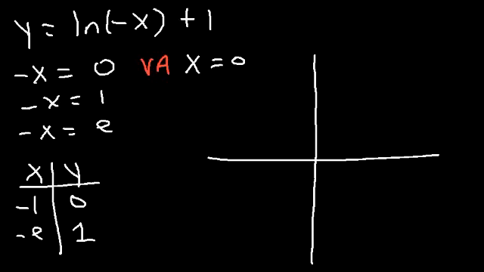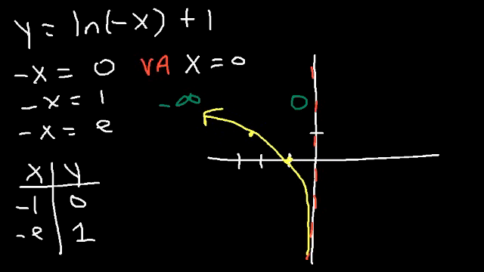So once again, the vertical asymptote is the y-axis, and the graph is simply on the left side. So we have the point (-1, 0), and (-e, 1), which is (-2.7, 1). So it's going to look like that. The lowest x value is negative infinity, the highest is 0. Therefore, the domain is negative infinity to 0.